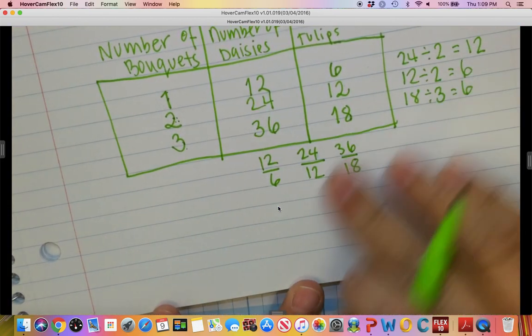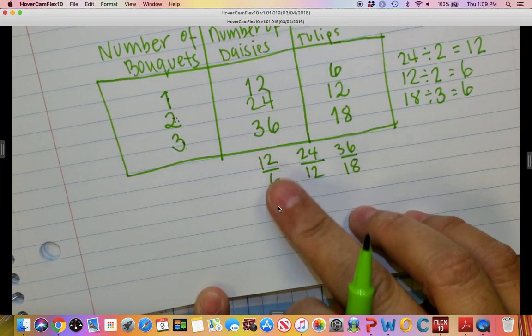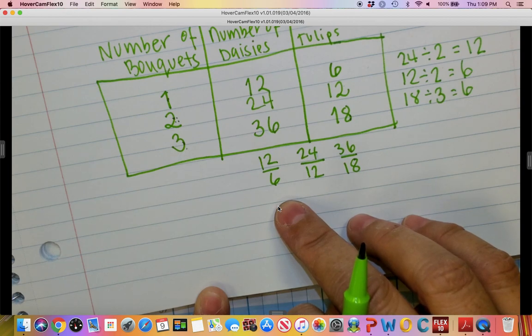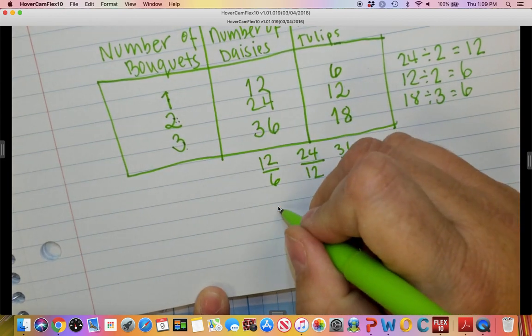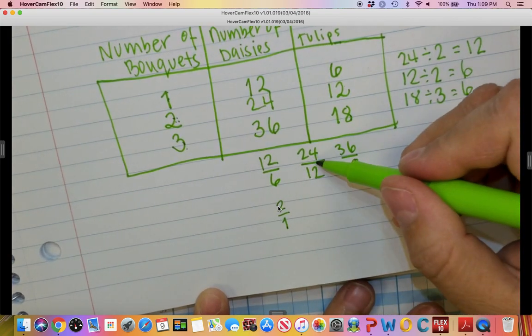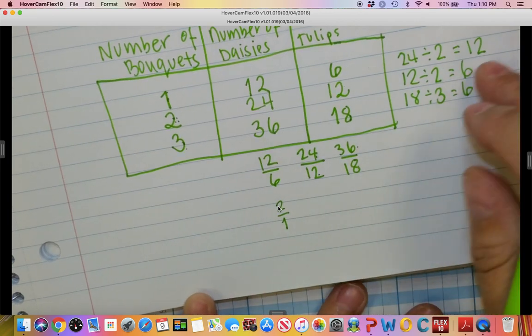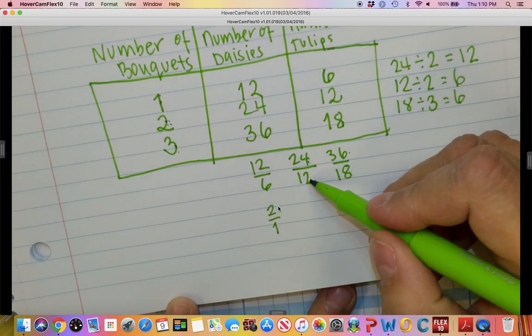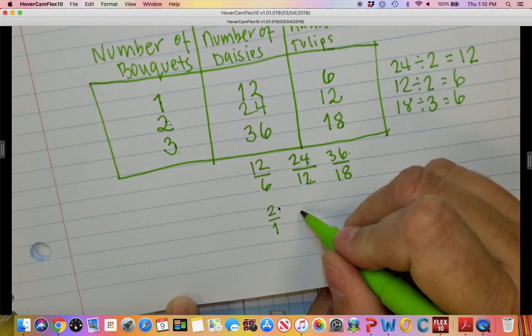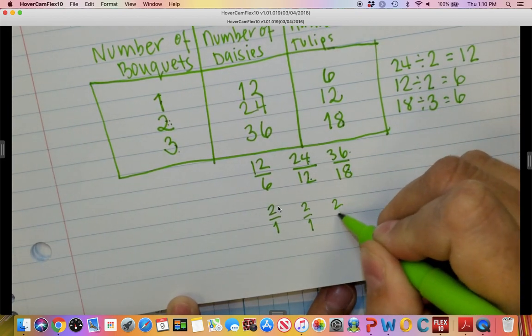These can be broken down even further. 12 to 6 is a 2 to 1, which means 24 to 12 and 36 to 18 should also be 2 to 1, which is true. 12 times 2 is 24, and 18 times 2 is 36.